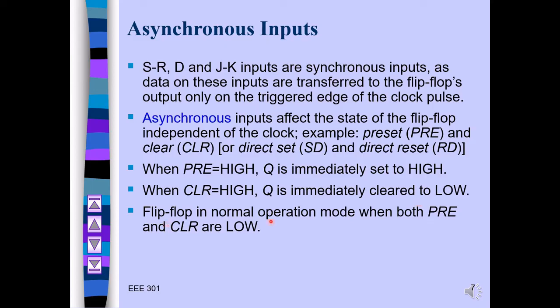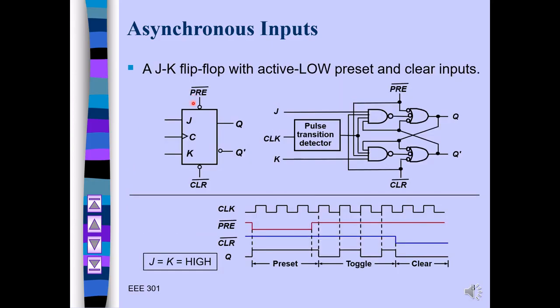For normal operation, when preset and clear are low, the flip-flop operates in the normal condition. Preset and clear are active low. So when our preset is low, the output will follow the preset.